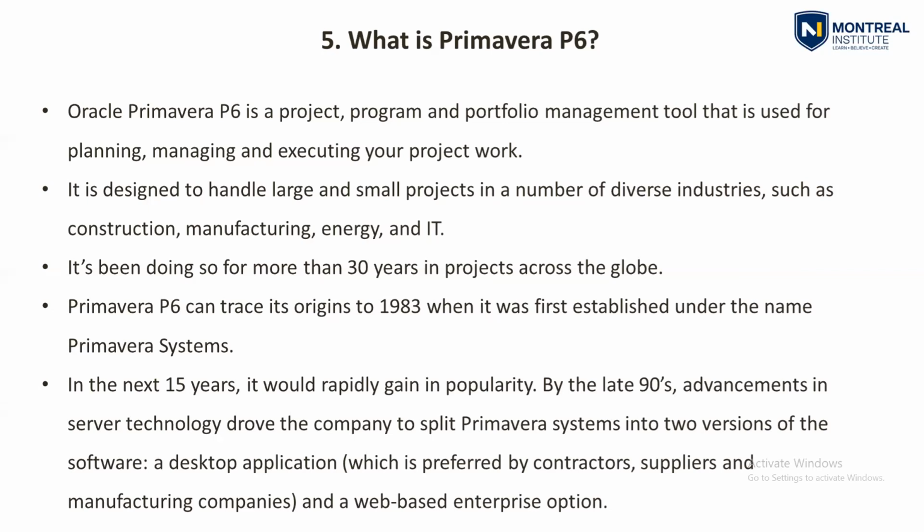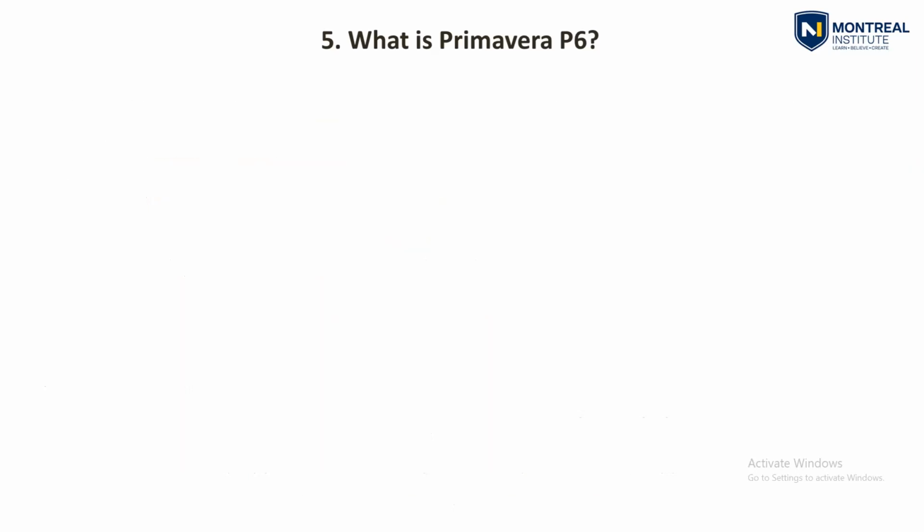So after the server advancement in the late 90s, Primavera Systems developed its software into two types: one is a desktop software and the other one is the web-based enterprise option.